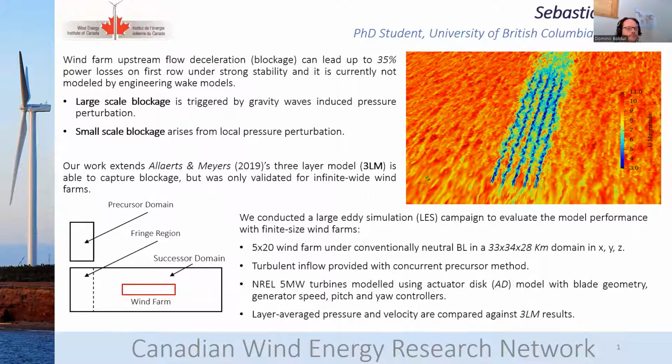Basically, blockage can be classified into two types. There's large scale blockage, which is triggered by gravity waves above the boundary layer. Such phenomena result from the fact that the wind farm acts as a perturbation to the boundary layer, increasing its height.